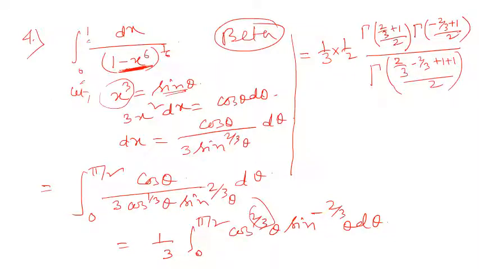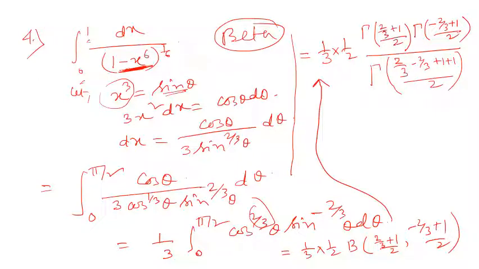So actually in our previous step it will be 1 by 3 into 1 by 2 of beta of (p plus 1) by 2 and (q plus 1) by 2, that means 2 by 3 plus 1 by 2 and minus 2 by 3 plus 1 by 2, right? Now after that we will have this step. Now from here we will calculate it.